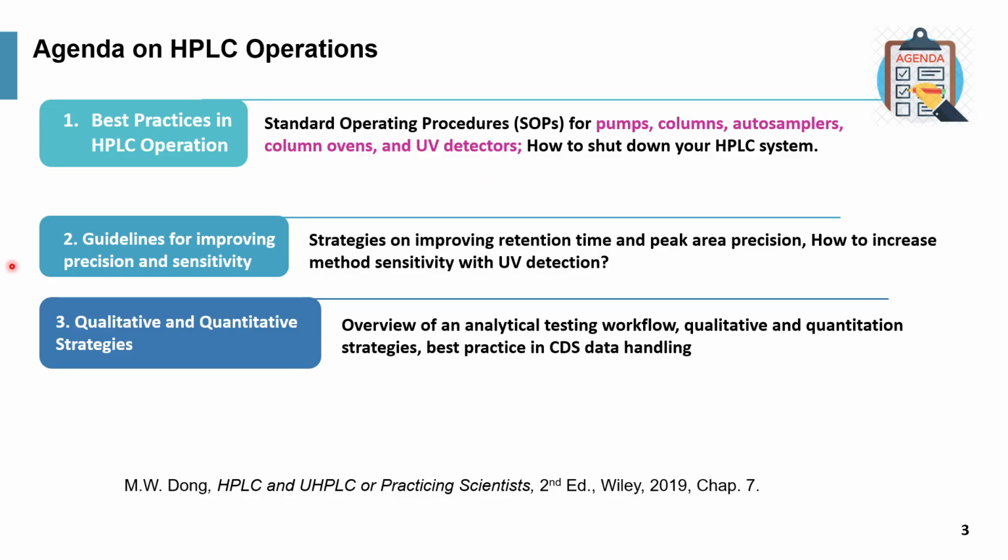The second segment is guidelines for improving precision and sensitivity: a strategy to improve retention time and peak area precision, and how to increase method sensitivity with UV detection.